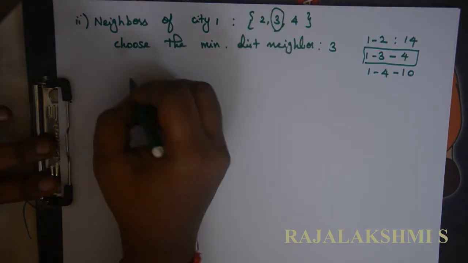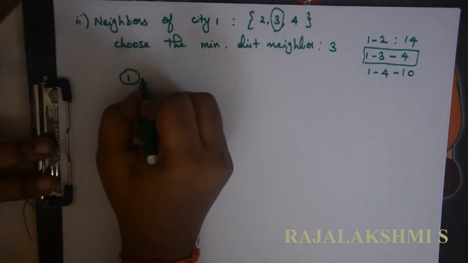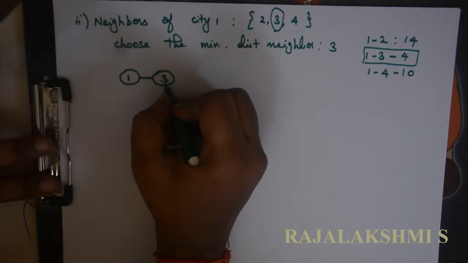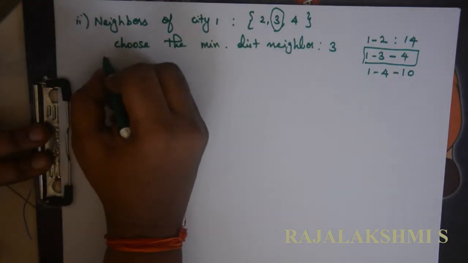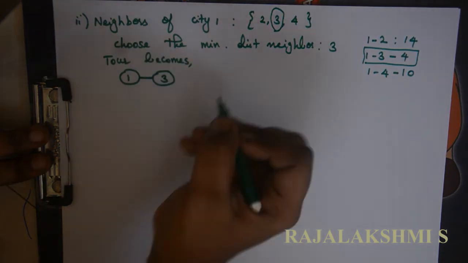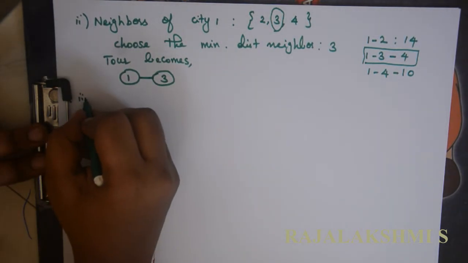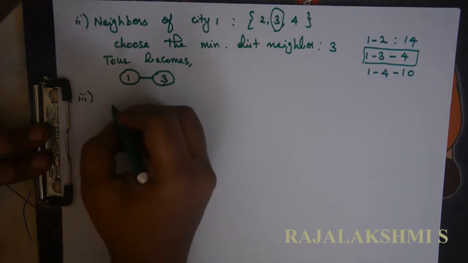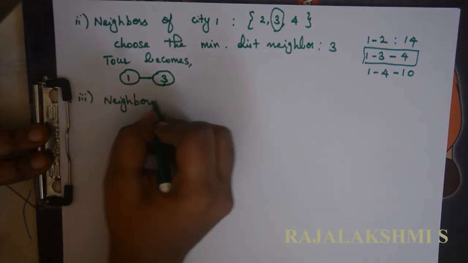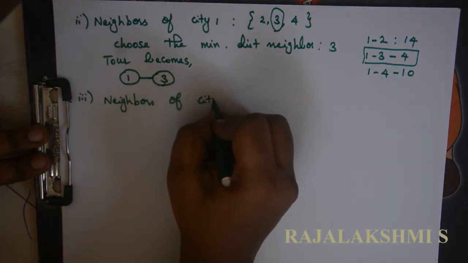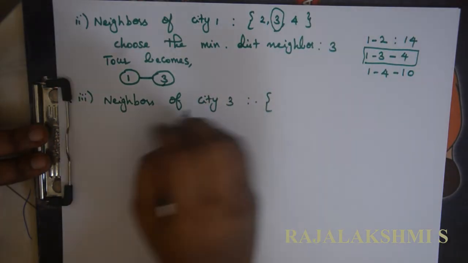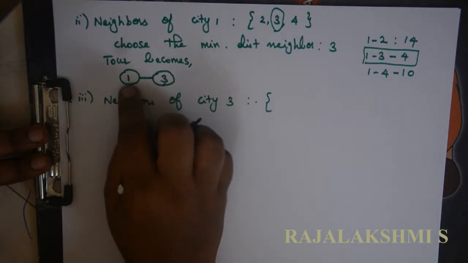So now from 1 we are traveling to the city 3. Okay, so this is the tour. Now we are at the city 3, right? So now we have to find the neighbors of city 3. We have to write the unseen neighbors, that is unvisited neighbors, neighbors which are not present in the tour.